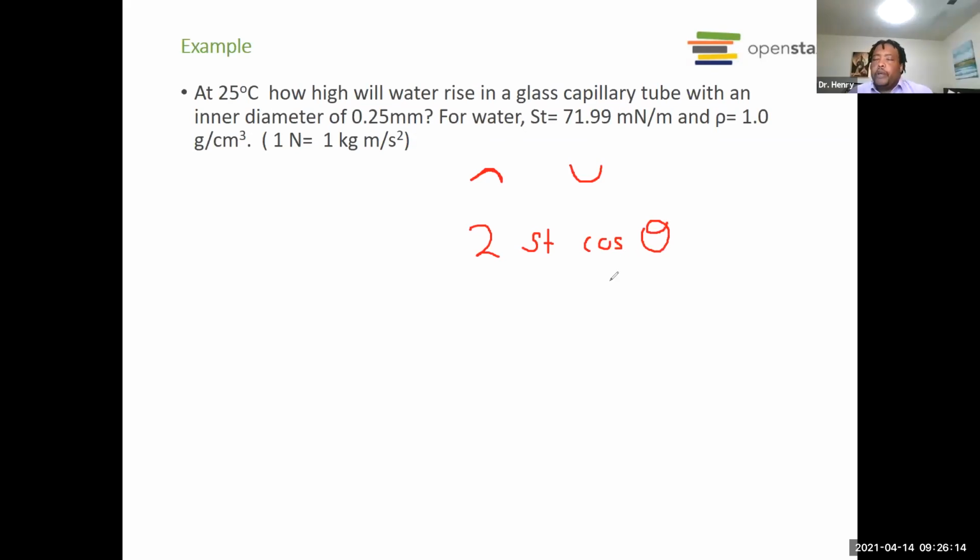Theta basically represents the angle that your capillary is at. In this case, your angle is going to be 0 degrees, so theta equals 0 degrees. Then cosine of theta, cosine of 0, is going to be equal to 1.